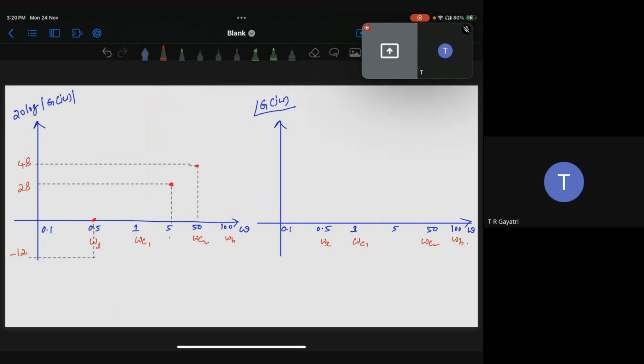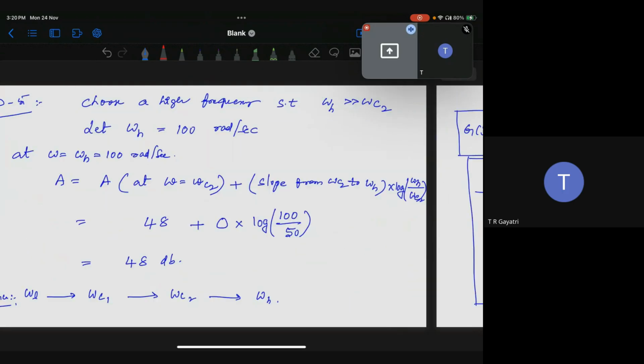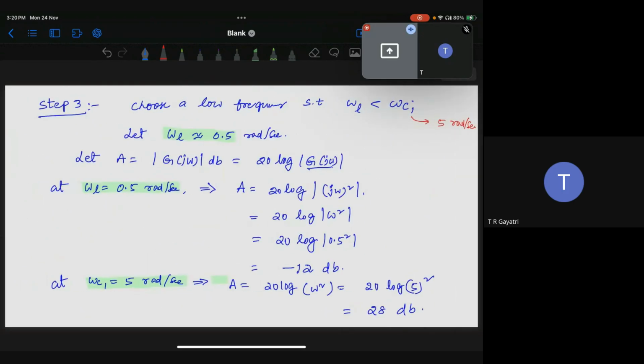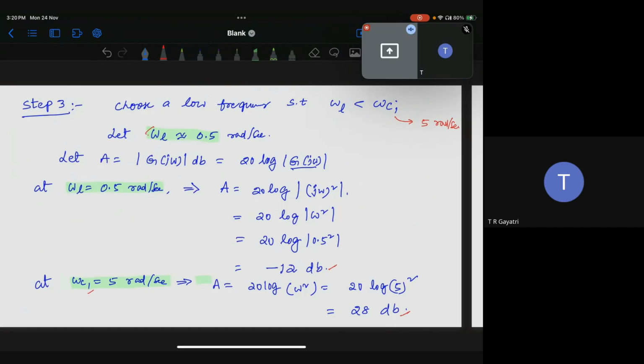If you want, you can check them. At omega L the value is minus 12. At omega C1, 5, the value is 28.